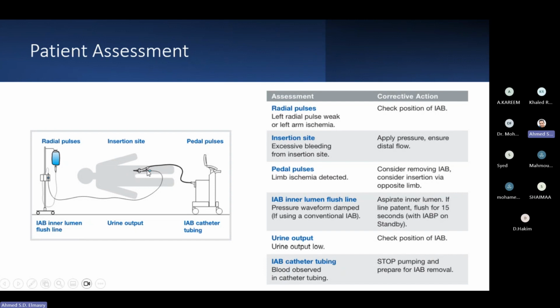You should also assess the tube of the catheter, because if you see blood inside the tube of the catheter, that means the intra-aortic balloon might be ruptured, and the blood will go inside the tube of the intra-aortic balloon. In this situation, you have to stand by the intra-aortic balloon and prepare for balloon removal. So this is the daily assessment for the patient with intra-aortic balloon.